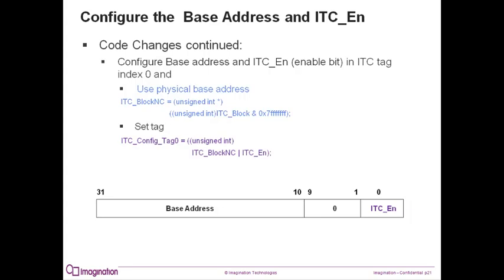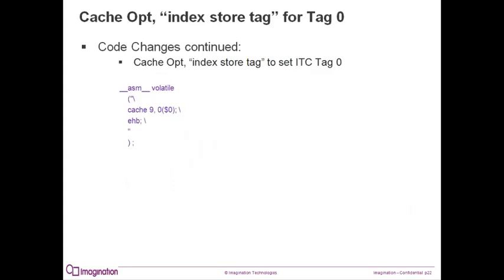Next, I OR in the enable bit. Then I write the value to the data tag low register using the MIPS32 set data tag low macro. Now I use the cache instruction to write the data tag low register to the ITC tag 0, the same as I did for the ITC tag 1, except this time I use the offset value of 0 for tag 0.